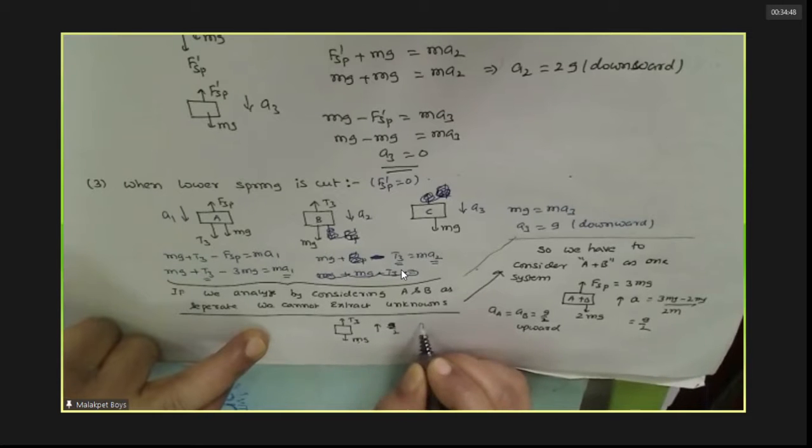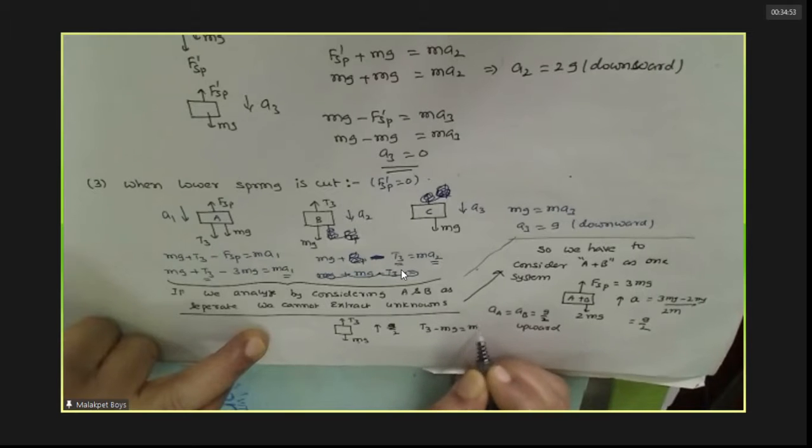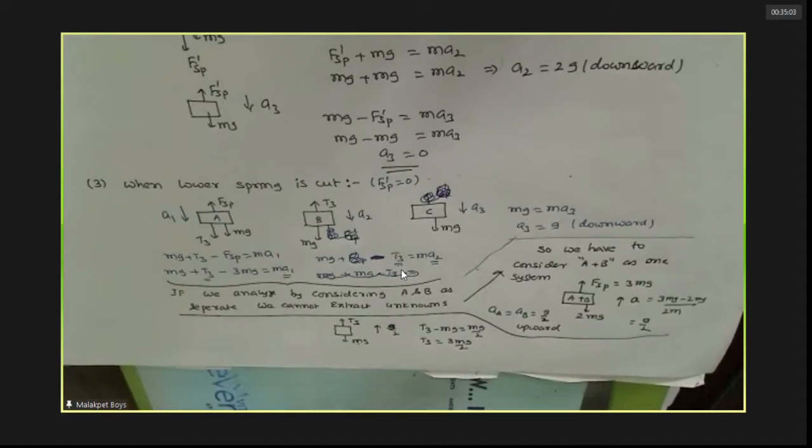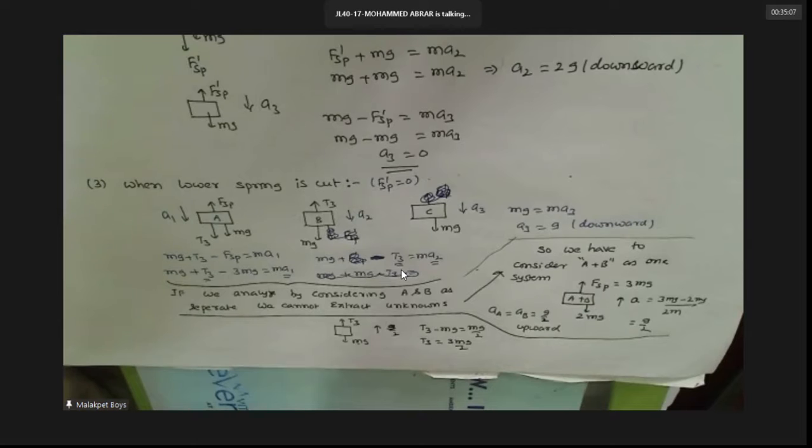So what do you have? T3 minus mg equals mg by 2. What is T3 then? 3mg by 2. Followed this?